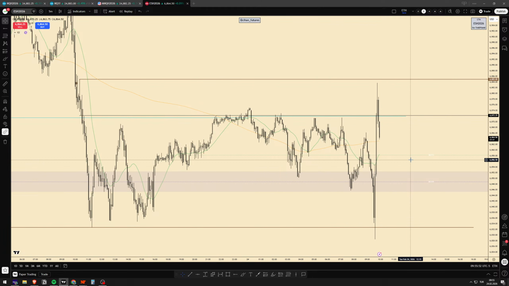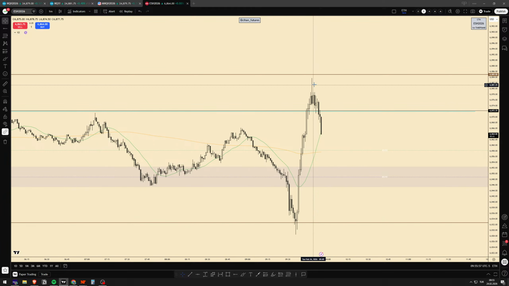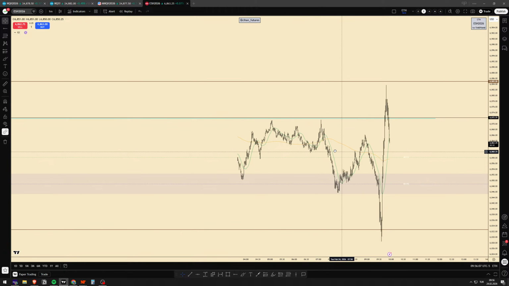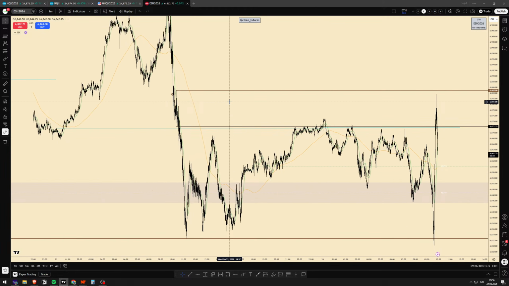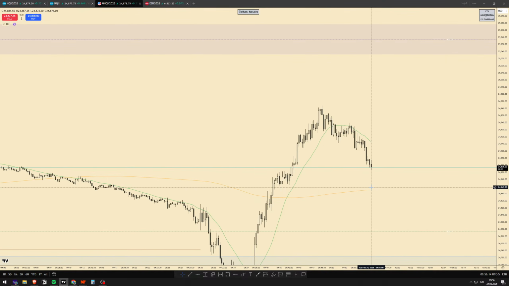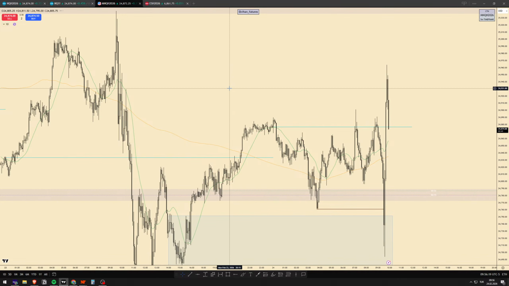Right now I don't really like what I see because it started off with real nice momentum, but it seems like it is turning back, and I don't think it swept the proper levels.